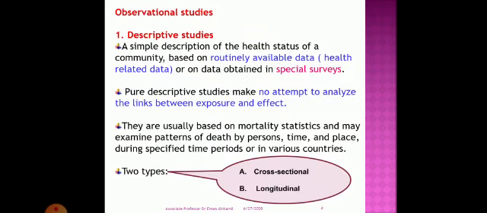The observational descriptive studies give a simple description of the health status of the community based on routinely available data, either health-related data or data obtained in a special survey or examination for certain people. So pure descriptive studies make no attempt to analyze the links between exposure and effect.